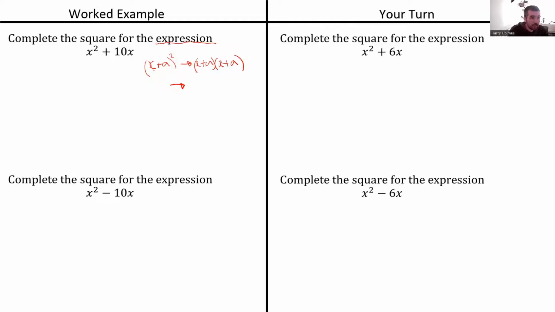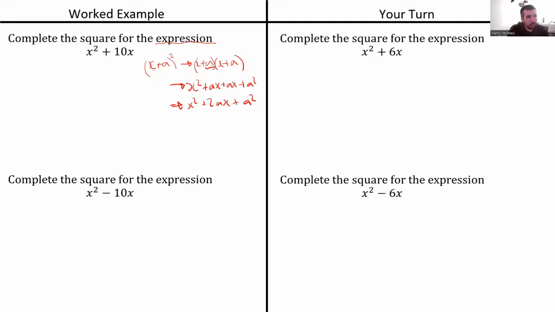We get x times x, which is x squared. x times a, which is 1ax. Then a times x, which is another 1ax. And then a times a, which is a squared. We get x squared plus 2ax plus a squared. So we always end up with whatever this number a is. I've called it a, but it could be any number.